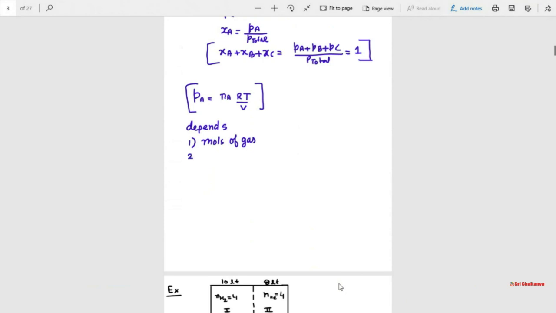And second, it depends on the temperature and volume of the container.